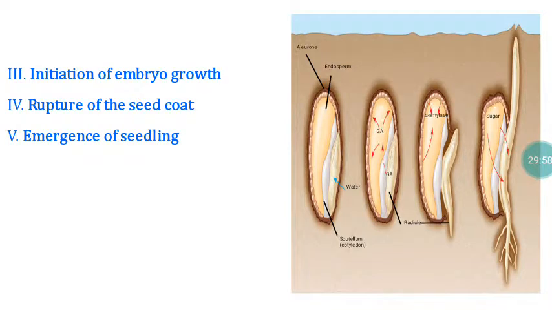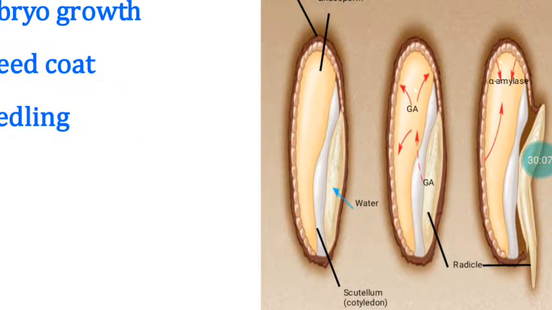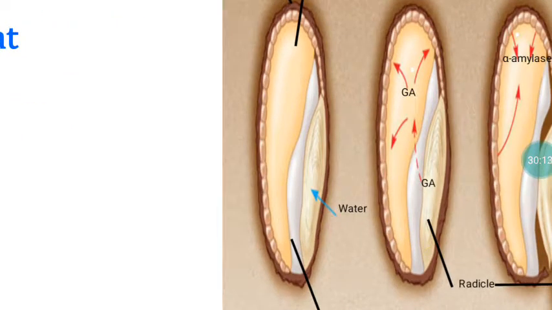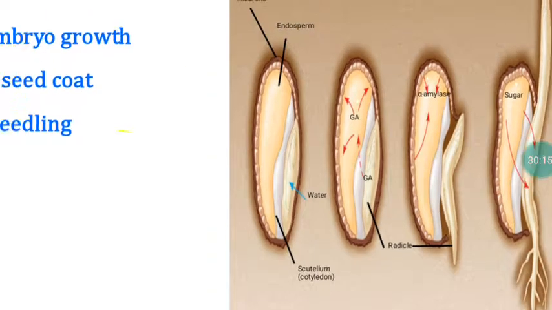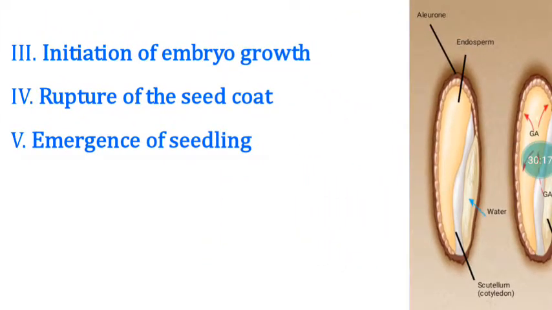So with the help of that ATP, the embryo will initiate its further growth, it will resume its growth. Here you can see, after generation of an adequate amount of energy, the embryo will resume its growth. So cell elongation will take place, and organogenesis also will take place.